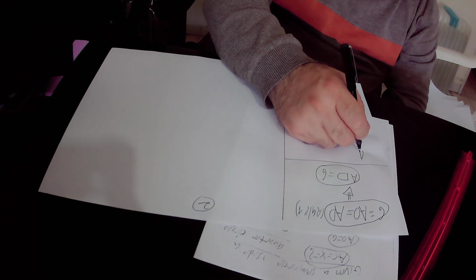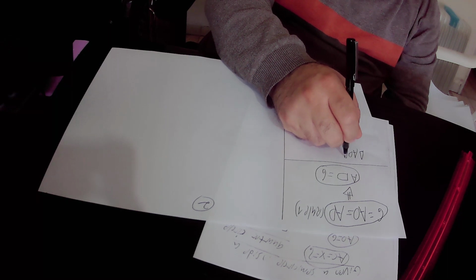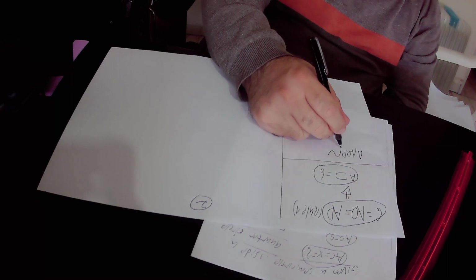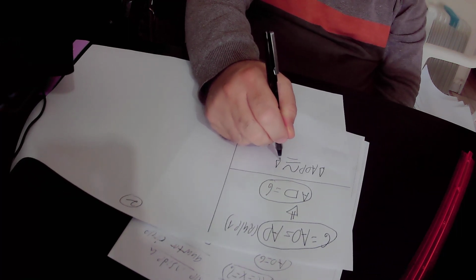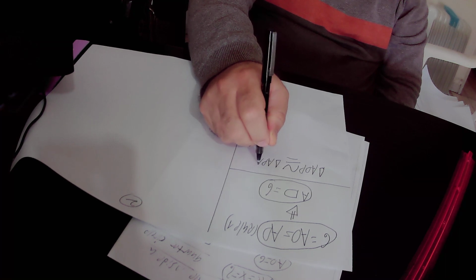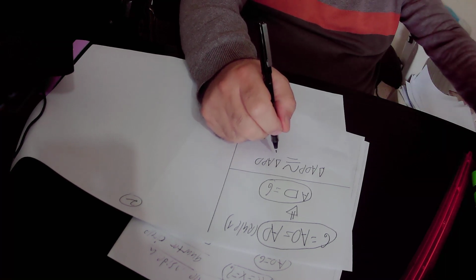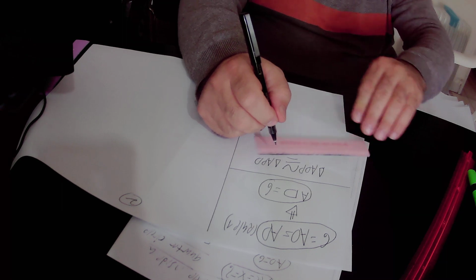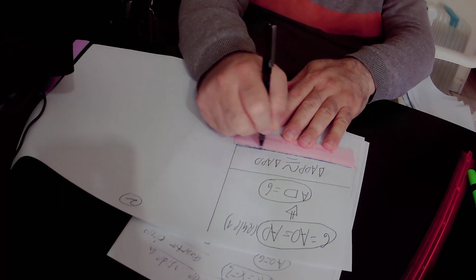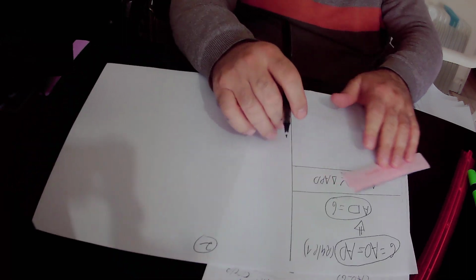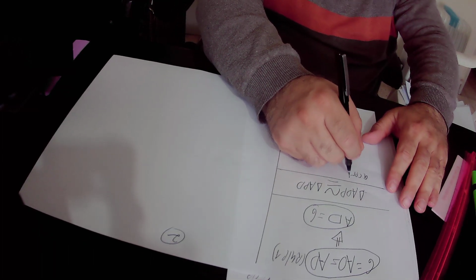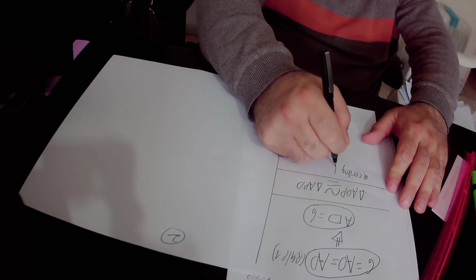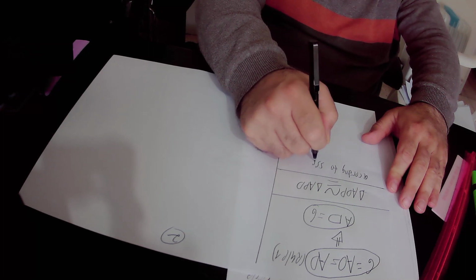We'll prove that the right triangle AOP is congruent, this is the sign of congruent, to the right triangle APD according to the side rule.